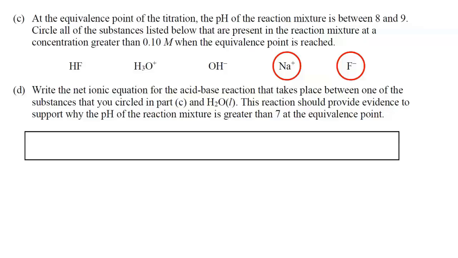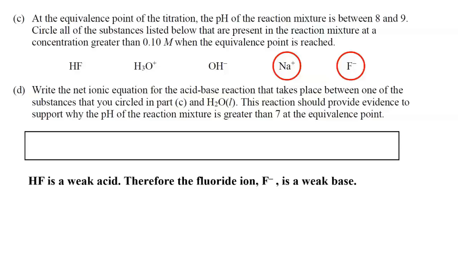Well, sodium ions are not going to do anything to affect the pH of the solution at all. Na plus is merely a spectator ion and not contributing to the pH. But since HF is a weak acid, that means that the fluoride ion, F minus, would behave as a weak base.